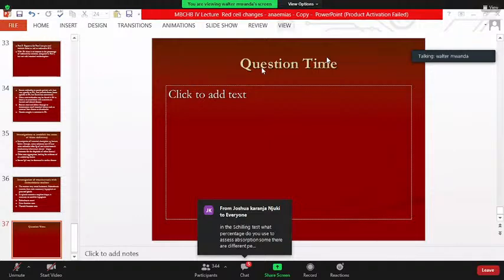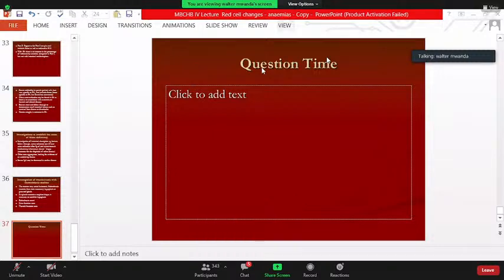In the Schilling test, what percentage do you use to assess absorption? There are different percentages on different texts. Yes, it is a discriminatory test. It is not a qualitative test. In fact, these days it is hardly done.